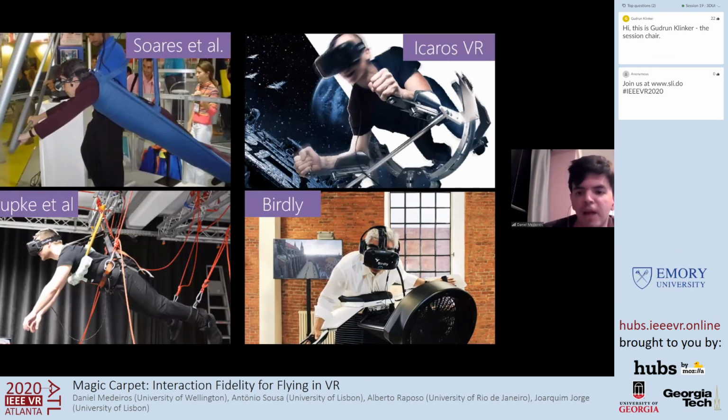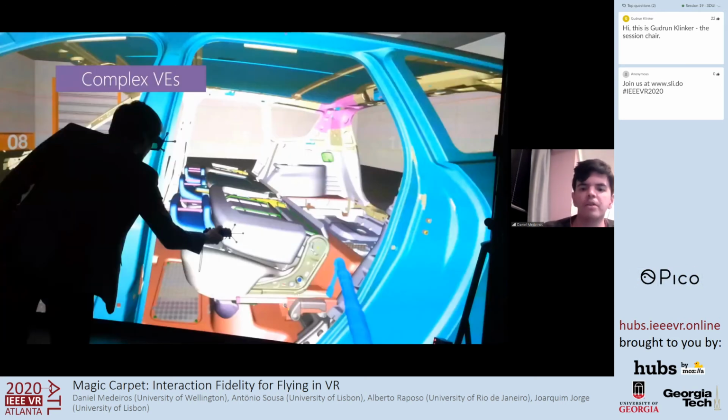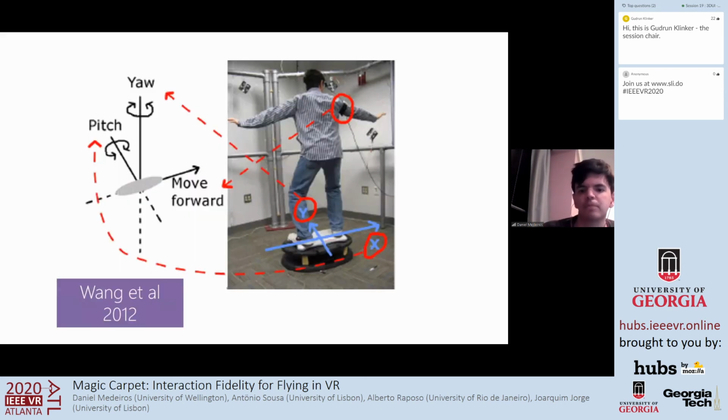Some attempts at flying use machines such as a paraglider, a spaceship, a zero-gravity simulator, or Birdly, where the user flies by flapping their virtual wings. However, the use of such equipment limits users' action to the action of traveling, which may not be suited for complex virtual environments where users need to perform further actions, such as object selection and manipulation.